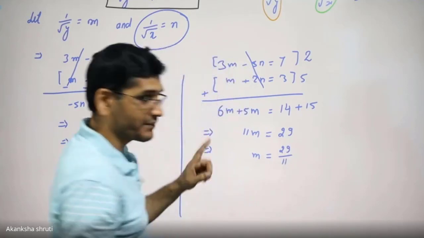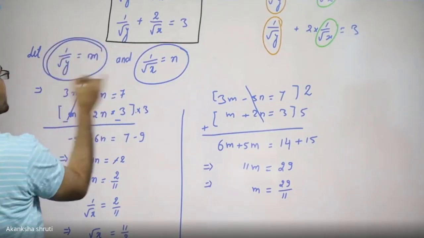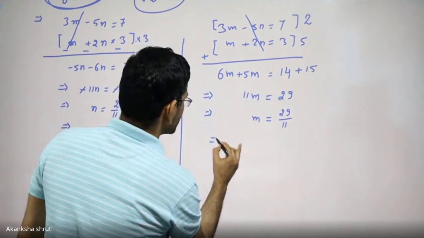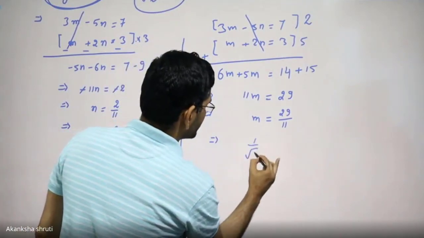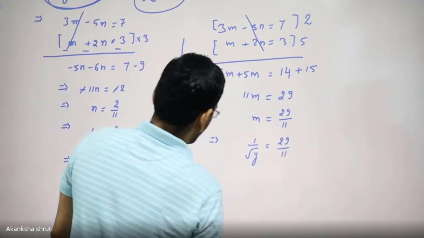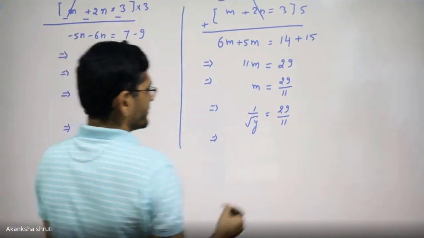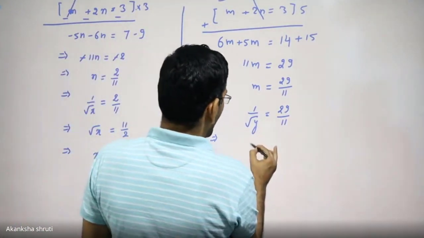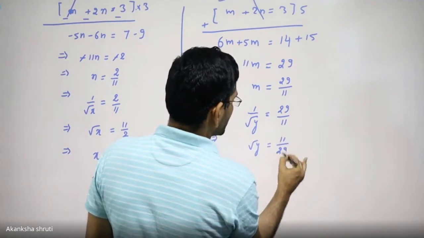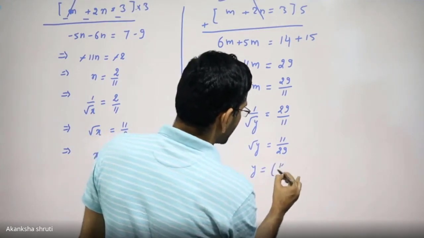Student, this is m, but what is our m? M is this much, keep in mind, 1 by root of y. So this implies 1 by under root y is equal to 29 by 11. This implies our under root y will be 11 by 29. So y will be the square of this 11 by 29.